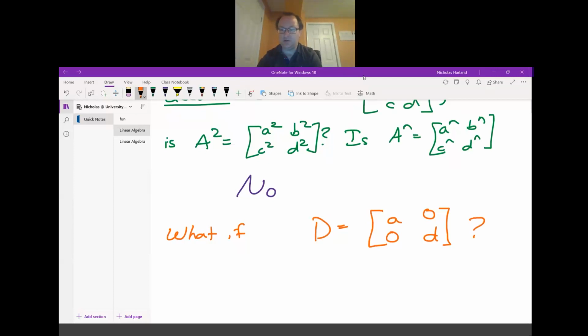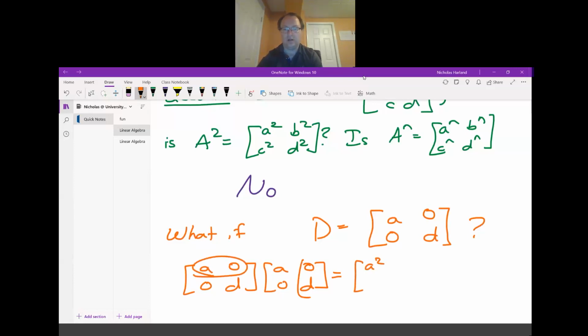Is this now true? Well, we take this matrix and multiply it by itself. Row 1, column 1, we do get a times a. Row 1, column 2, we get 0 plus 0, which is 0, and d times d is d squared.